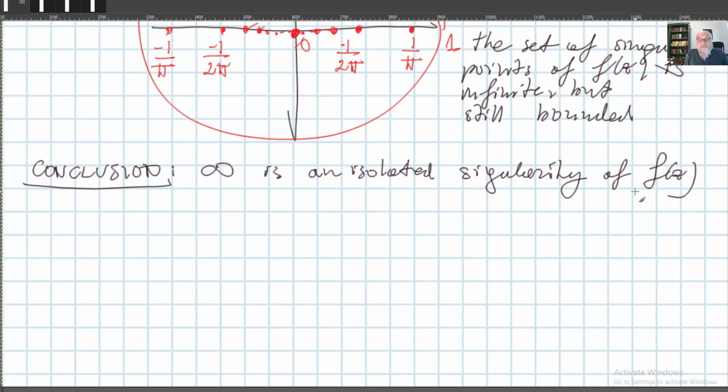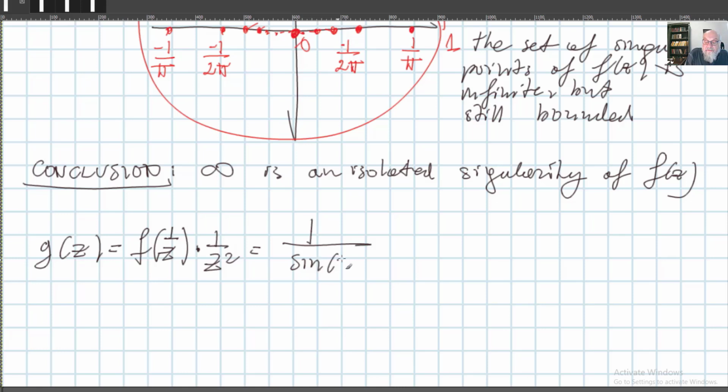So let's compute the residue. In this case, we have this function g of z, and we write again, this will be 1 over z times 1 over z squared. So it gives you sine of z times 1 over z squared.